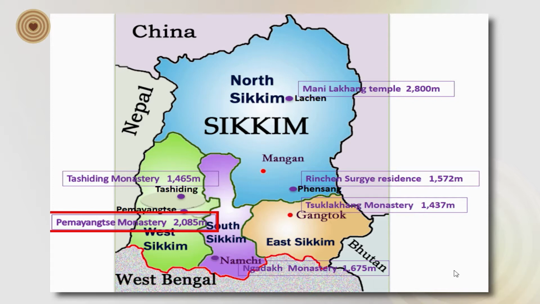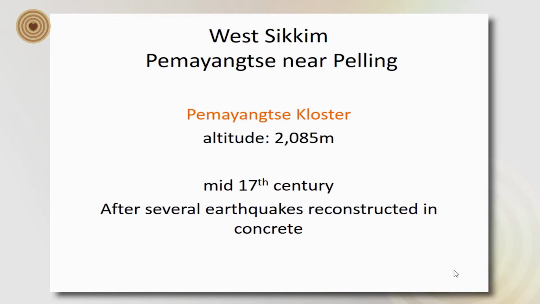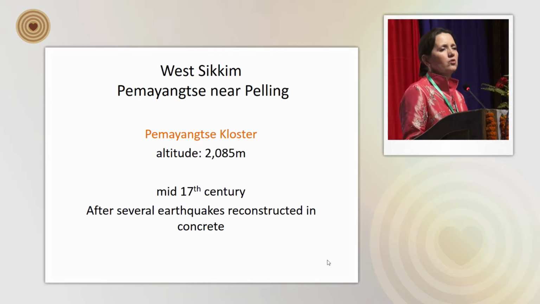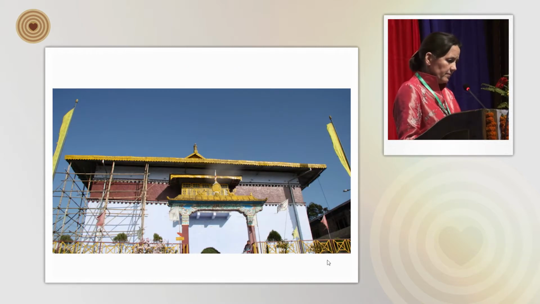Next temple is the Paramahamsa Monastery, 2,000 meters high. And it is from the mid-17th century. It was a very beautiful temple, and after several earthquakes, it was reconstructed in concrete. And they think it's maybe more stable.